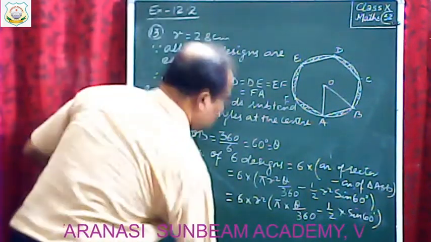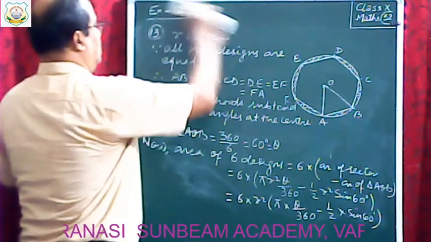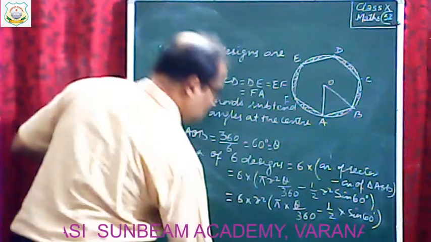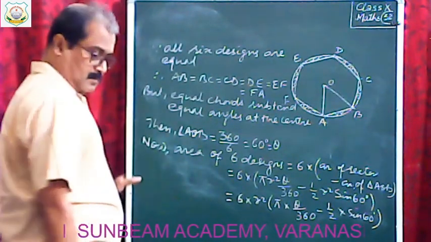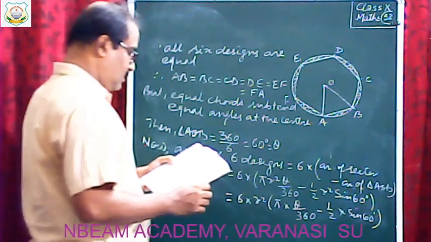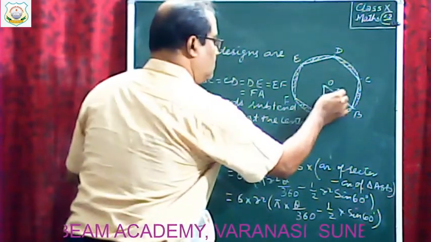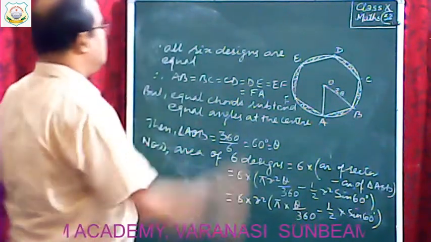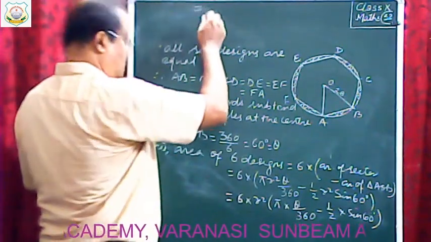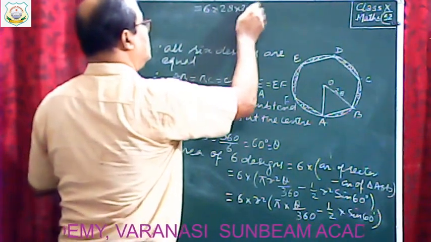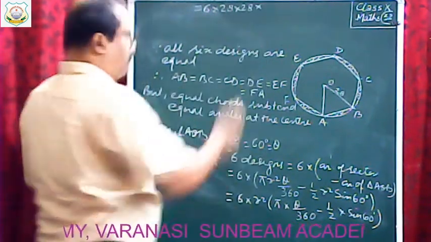Now thereafter theta 60 and radius 28. Now put the values. 6 into 28 into 28 into pi.